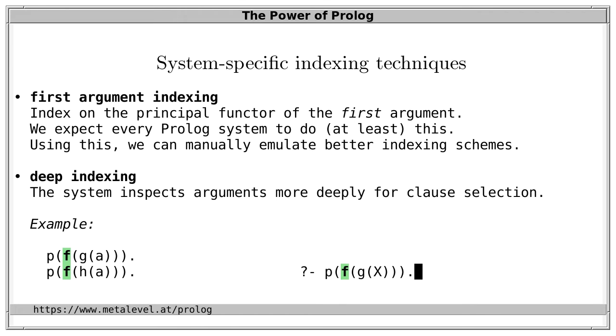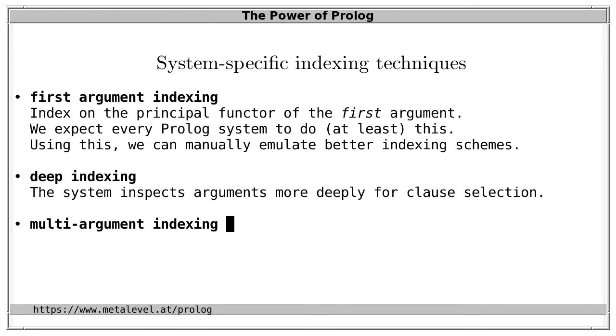And if the Prolog system only considers the principal functor, then both clauses seem applicable. However, a Prolog system with deep indexing can detect that only a single clause applies, because there is an inner term with functor g. And when this is considered, then only one of the clause heads applies. So for this particular query, the second clause can be ignored entirely.